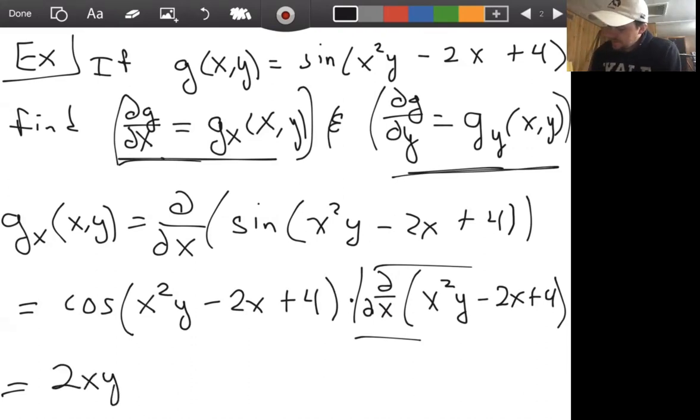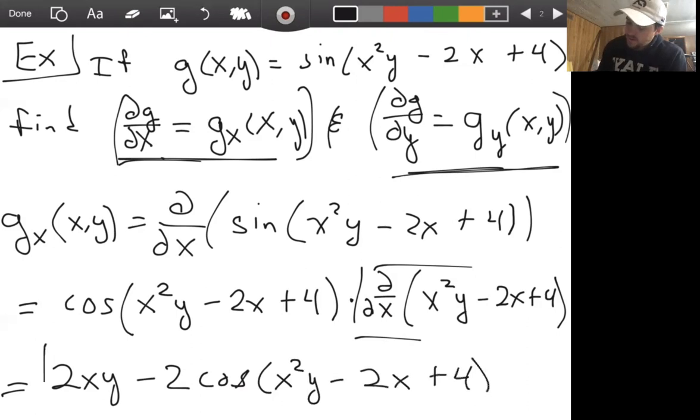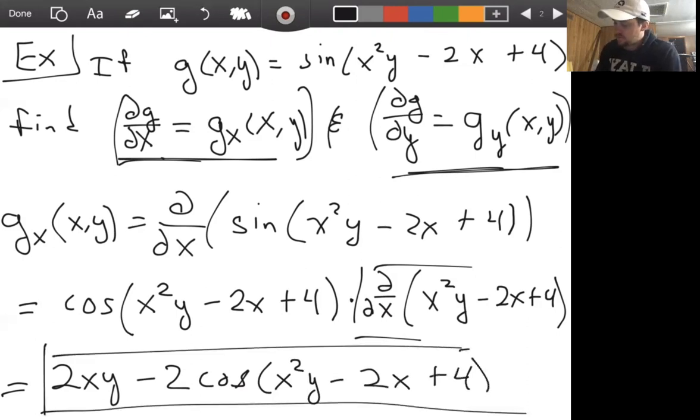Then we'll have 2xy minus 2, since the derivative of negative 2x with respect to x is negative 2, and the derivative of a constant is 0. And then it was times cosine of x squared y minus 2x plus 4. And so here's our partial derivative with respect to x of the function g of x, y, which is sine of x squared y minus 2x plus 4.